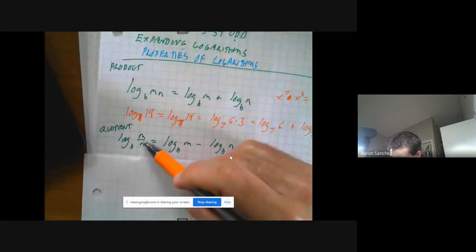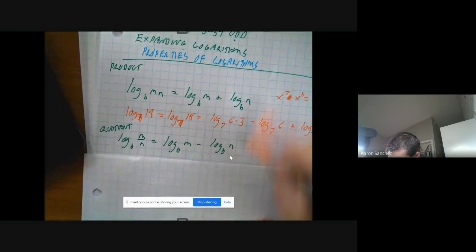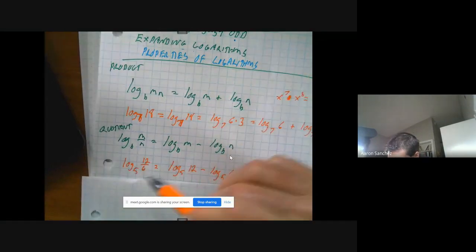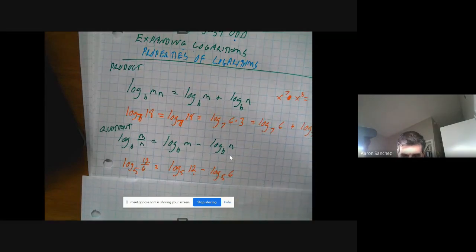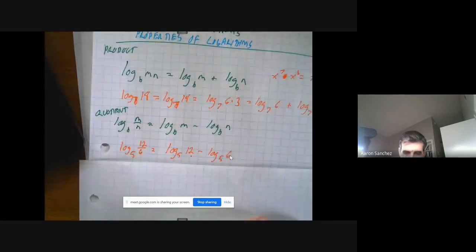Log base b of m divided by n is log base b of m minus log base b of n. Log base 5 of 12 divided by 6 is log base 5 of 12 minus log base 5 of 6. Sorry, I said 16, I meant 6. That's how you would split it up. We'll do some of these in actual practice so you can see what's going on here.